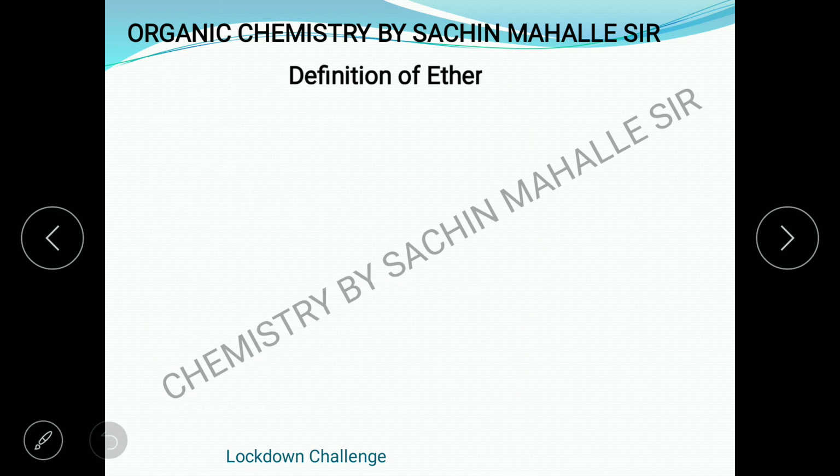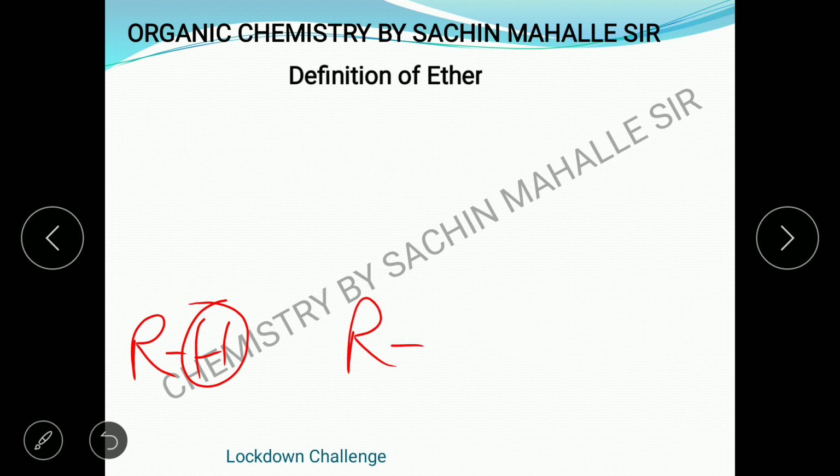In alcohol, we had studied R bond H, that is hydrocarbon. From hydrocarbon, hydrogen is removed and the OH group, that is hydroxy group, is attached. We get alcohol.